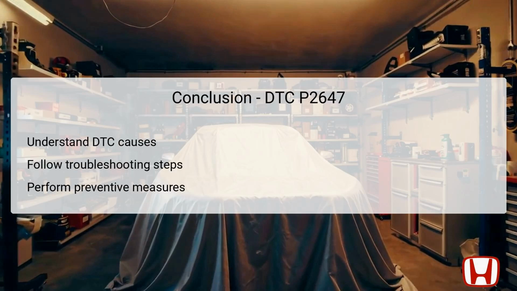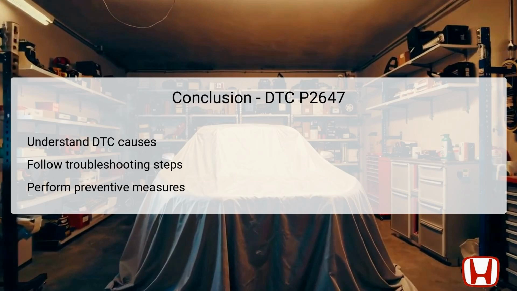In summary, DTC P2647, indicating a VTEC system stuck on condition, reveals a specific malfunction within the variable valve timing system of the Honda Civic models from 2006 to 2011.